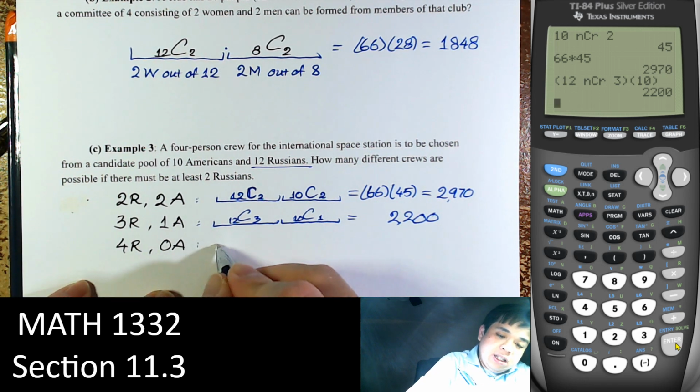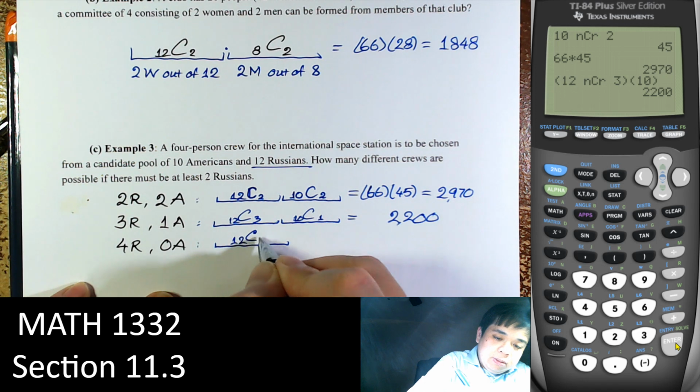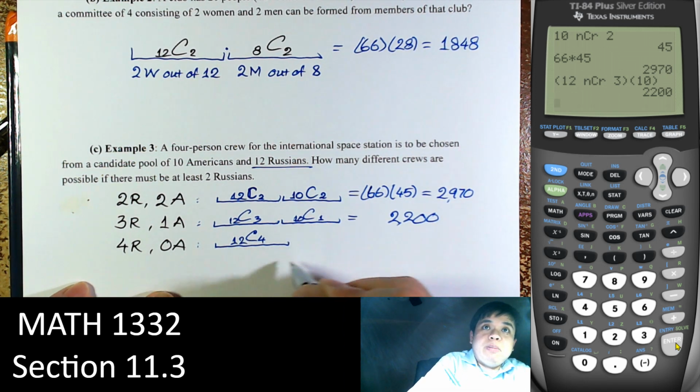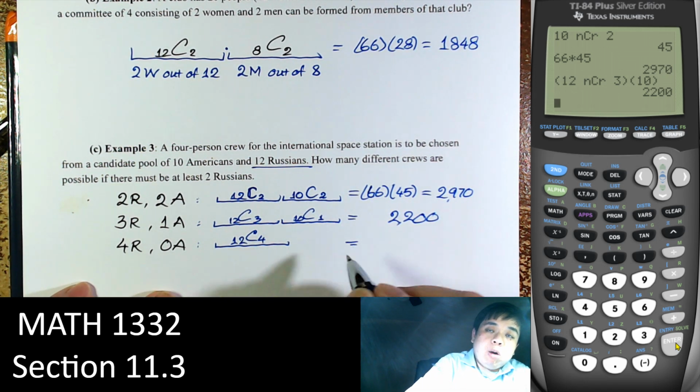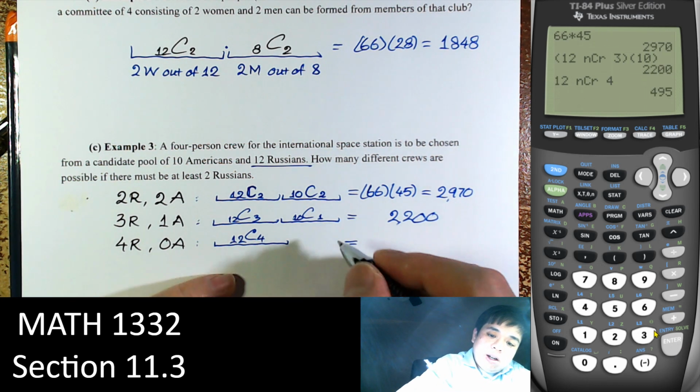And then next, we choose all 4 Russian. And then you don't choose any American, so we just leave that part blank. So just 12C4. 495.